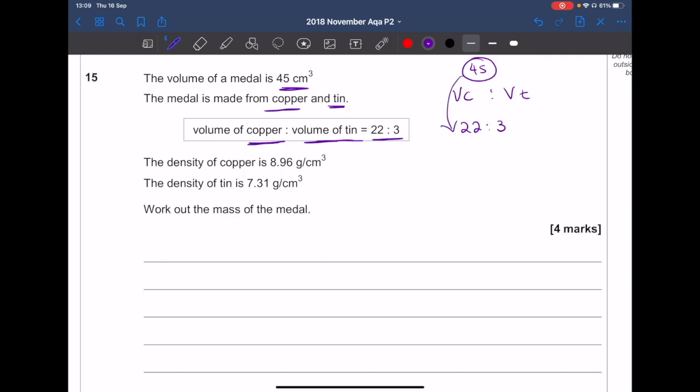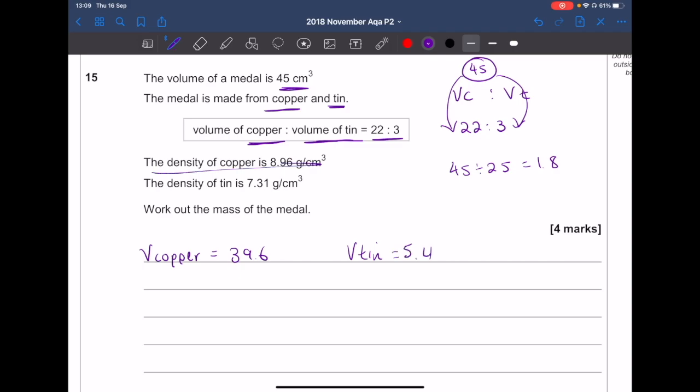So I need to split the 45 into 22 and 3. So 45 divided by 25 gives us 1.8. And 1.8 times 22, so volume of copper is 39.6. Volume of tin, in fact I'll write it here, volume of tin is 5.4.